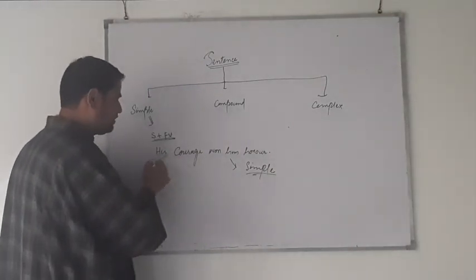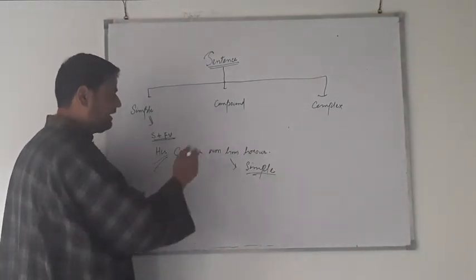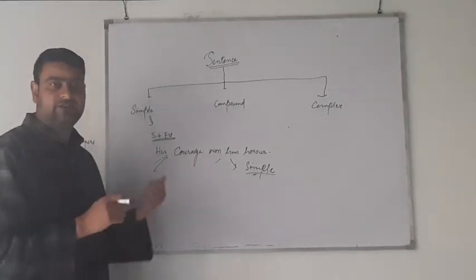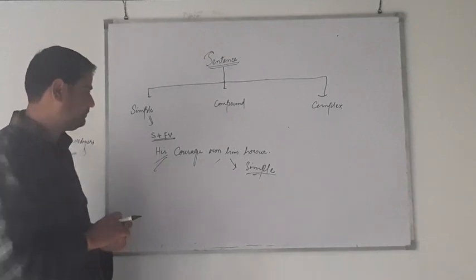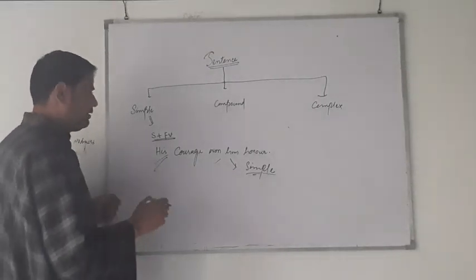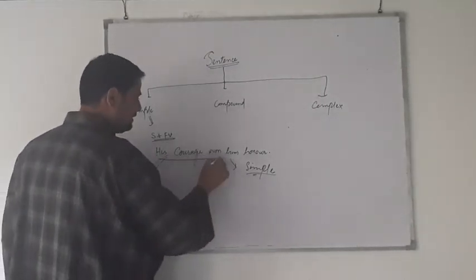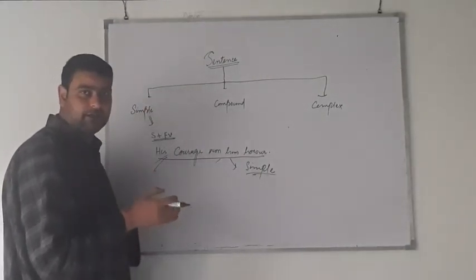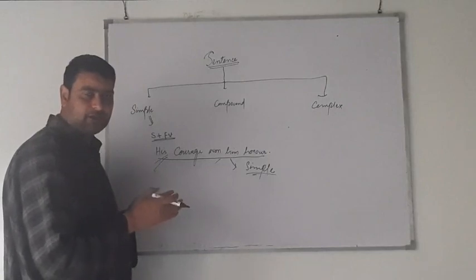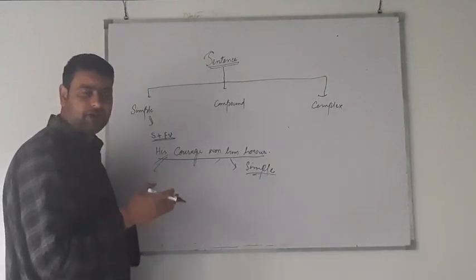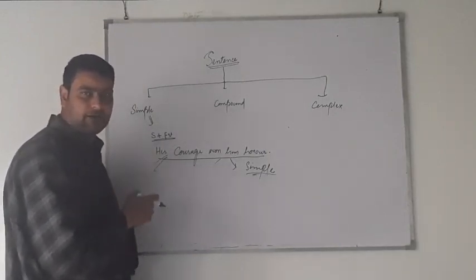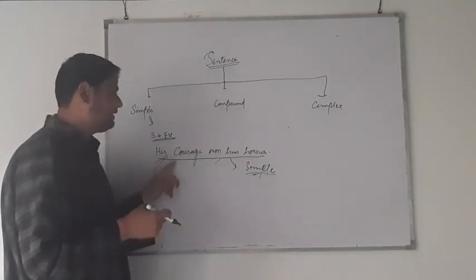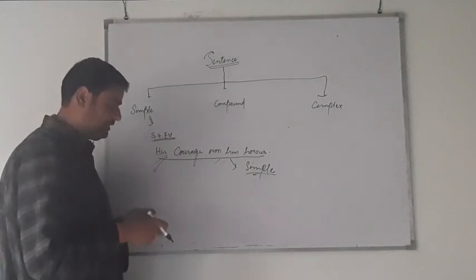It has a subject of its own and a verb of its own, and that verb is a finite verb. So that sentence which expresses a single thought, gives complete meaning, and is not dependent on any other part of the sentence, is called a simple sentence.